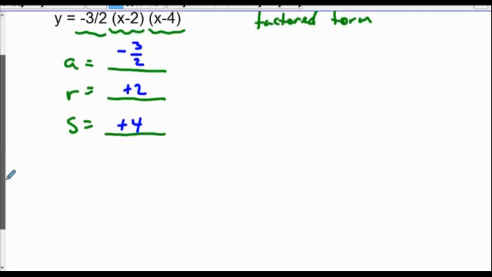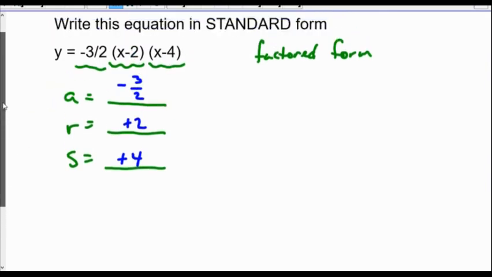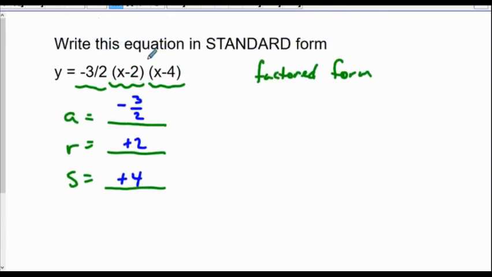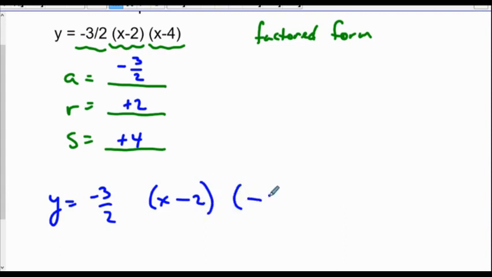Okay, and now what we're going to do is simply multiply all this together. Now, I find it easiest to multiply the 2 sets of brackets first. So I'm going to say y equals negative 3 over 2, and I have an x take away 2 and an x take away 4.